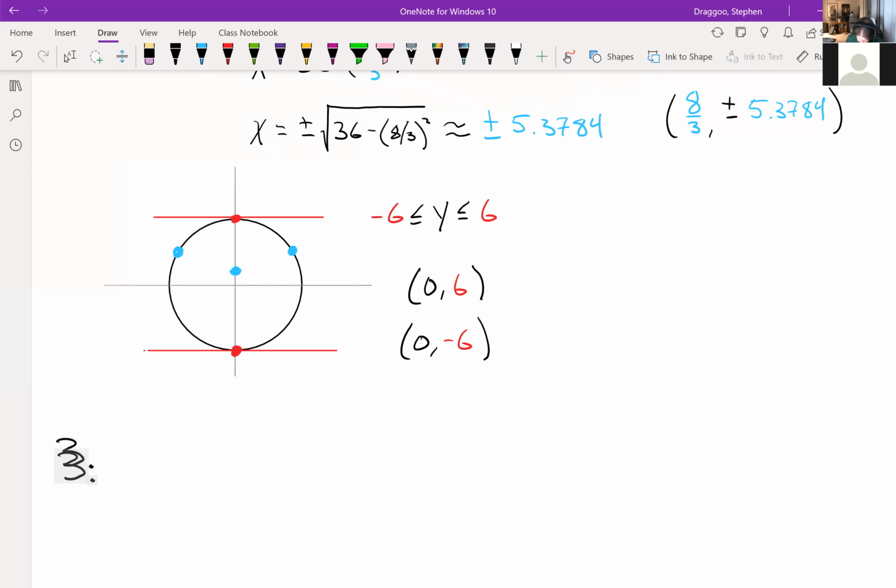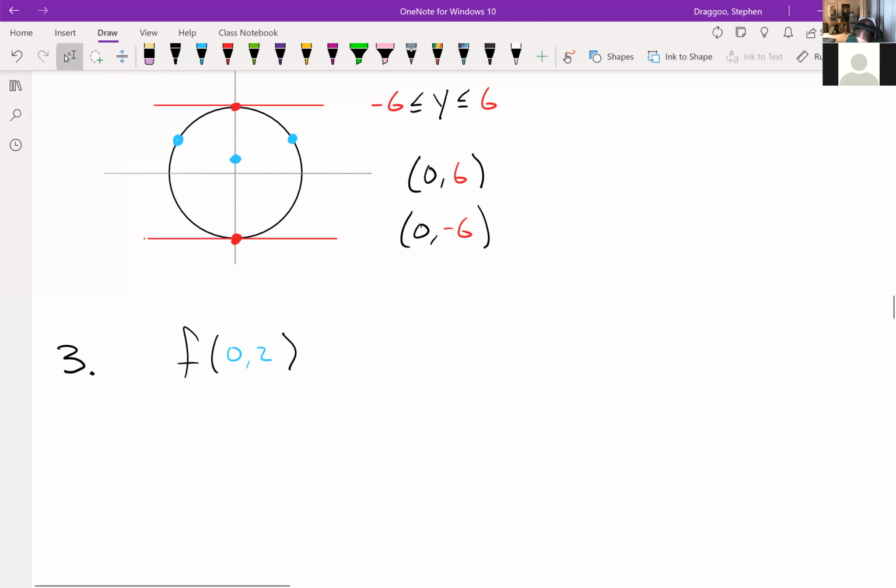Finally, point 3 was just checking them all. So I want to look at f of 0, 2. I'm going to want to look at f of 8/3, positive 5.3784.